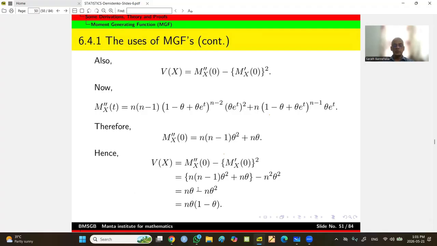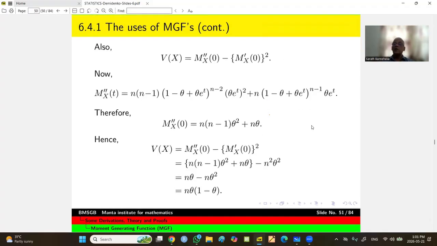So when you put those two things together, you get the variance of x is equal to n times theta times (1 minus theta). Right? So like that, you can easily derive the moments around 0, as well as you can get the variance from those two, the first moment and second moment. Right. So that is one advantage of the moment generating function.